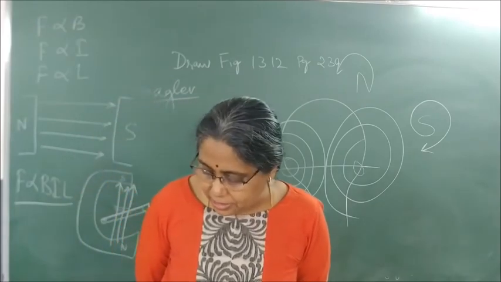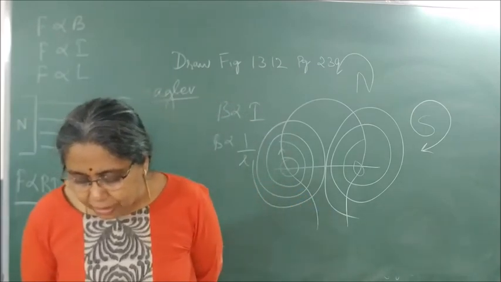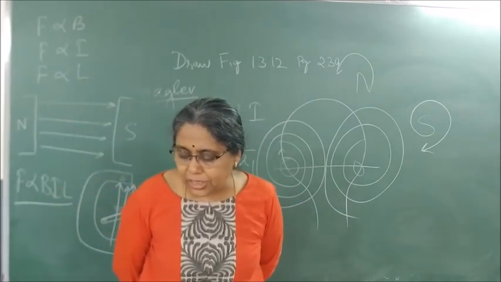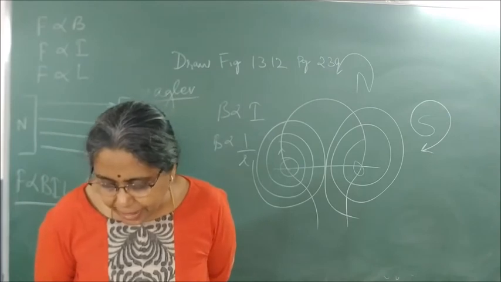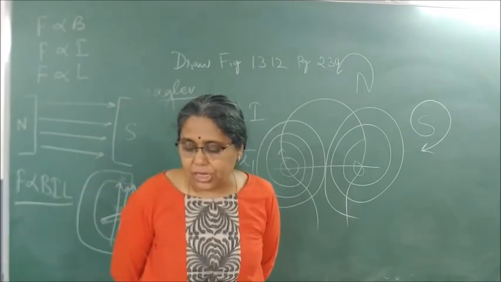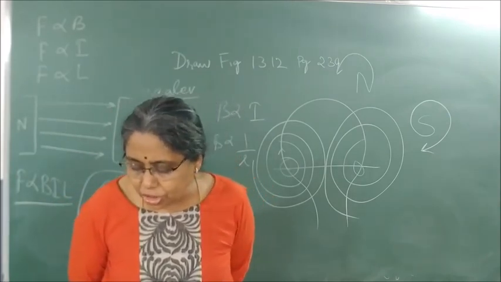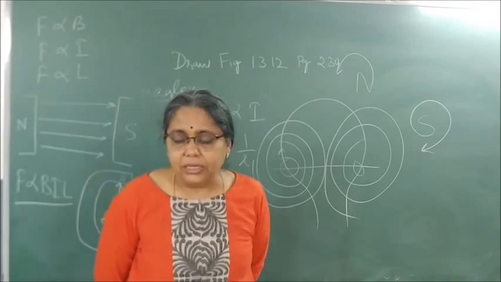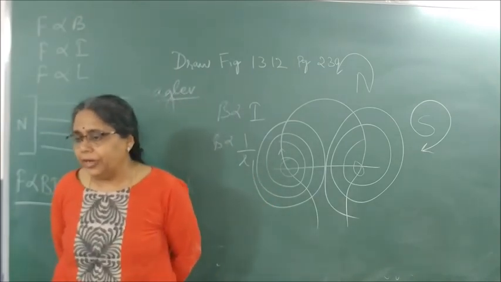I am reading it, underline in the textbook. The displacement of the rod is largest, or the magnitude of the force is highest, when the direction of current is at right angles to the direction of the magnetic field.